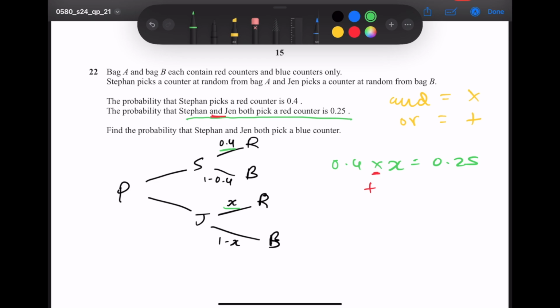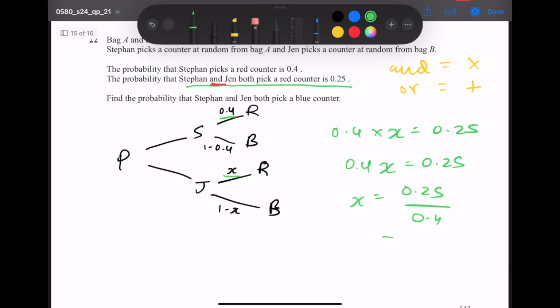So in this case, since it's 0.4 times X is equal to 0.25, we could divide 0.25 by 0.4 to get the value of X, which is equal to 0.625.